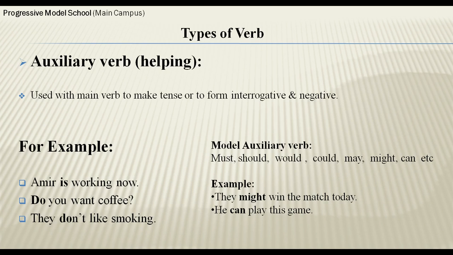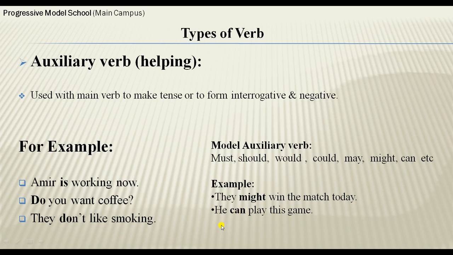For example, the words like must, should, would, could, may, might, can are used to show the mood of the speakers. Here in the sentence, they might win the match today. So by using the word might, the speaker is expressing a probability. Another example, he can play this game. So can is a modal auxiliary verb.